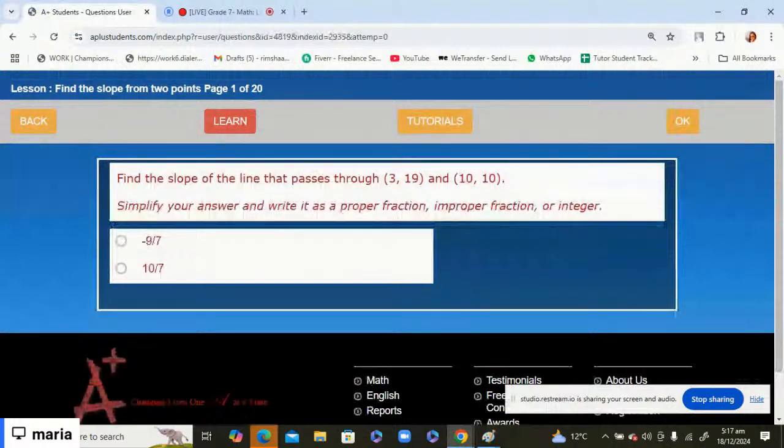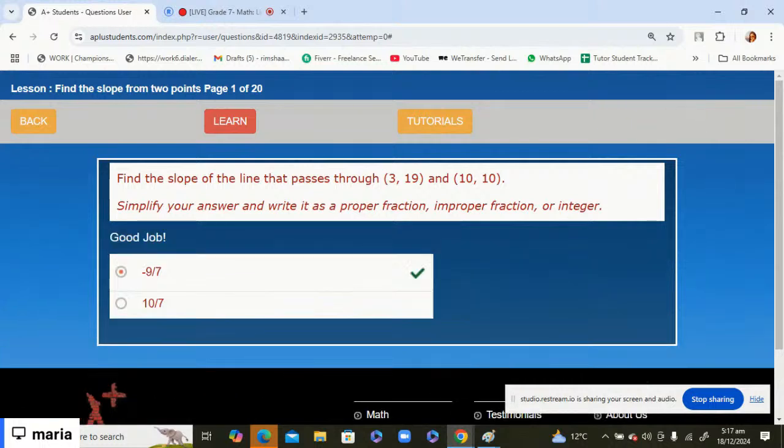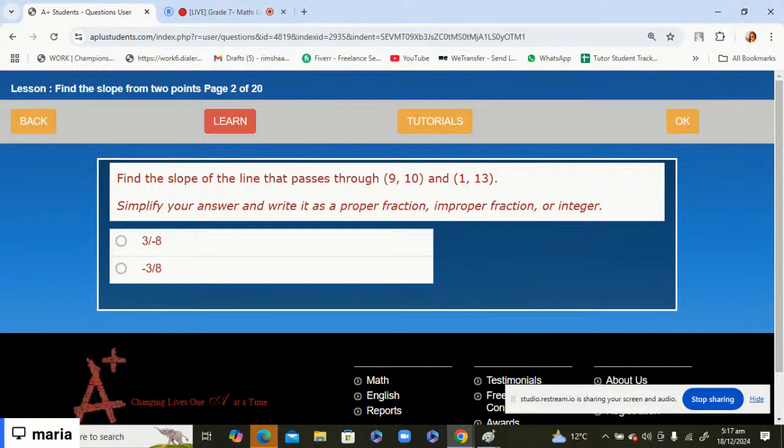Find the slope of the line that passes through the given points, which are 3, 19 and 10, 10. We already found it out. This is minus 9 by 7.